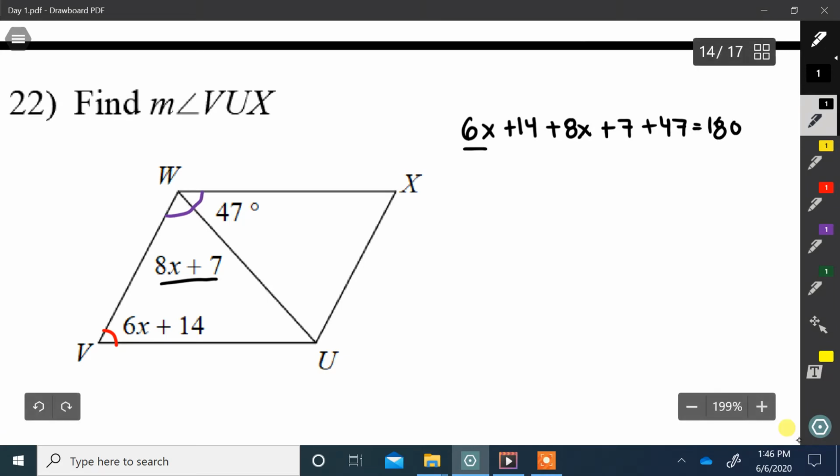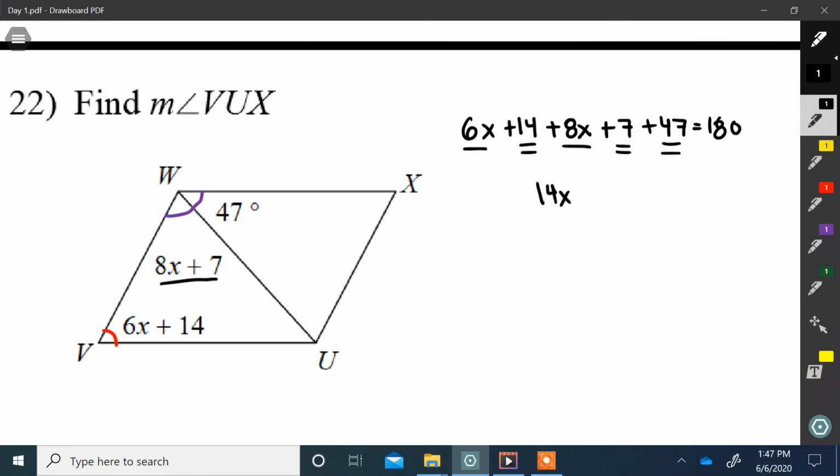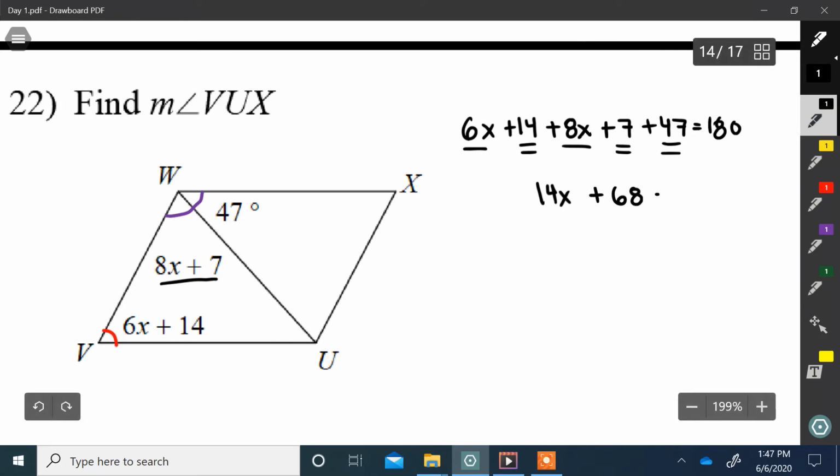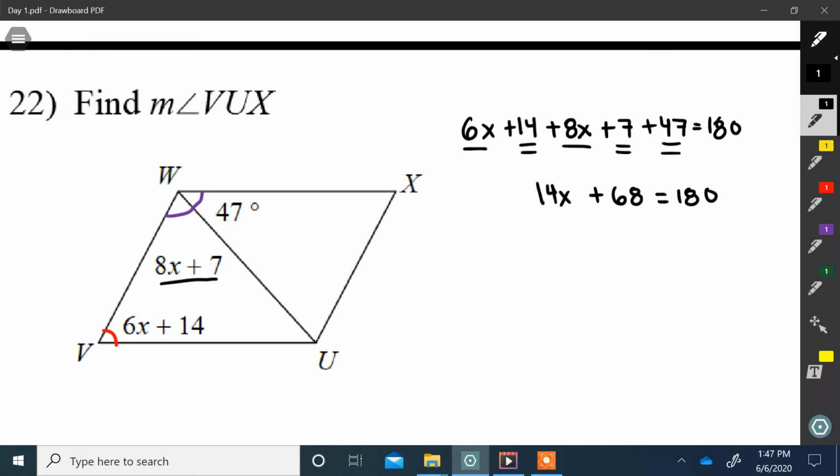So we have 6x plus 8x, that's going to be 14x. And then we're going to add this 14 plus this 7 plus this 47. That's going to be 68 actually. Let's subtract 180 minus 68.